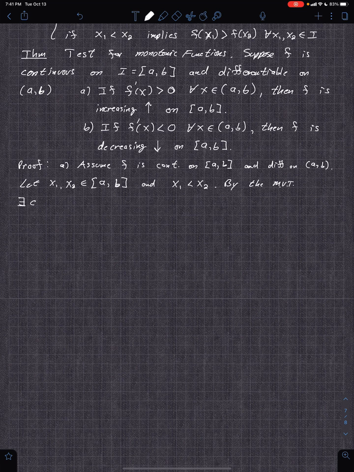It says there exists a C in the open interval from A to B such that, and I'm going to write this a little differently, but you can verify, f of x2 minus f of x1 is equal to f prime of C times x2 minus x1. When I showed it to you, I basically just said f prime of C is equal to the change in y over the change in x. So I put this in a denominator. That's the only difference.